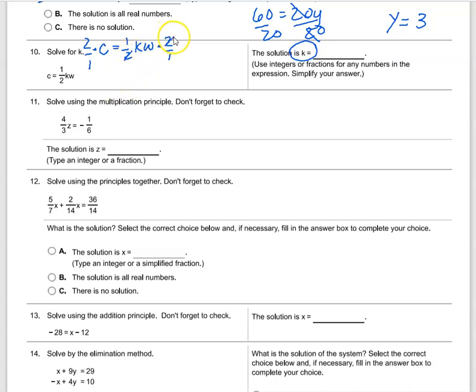So these are going to cancel. We'll end up with k times w is equal to 2c. You don't really need that 1 on the bottom. Now to get rid of the w, you're just going to divide. The w's cancel out. And we're going to get k is equal to 2c divided by w.